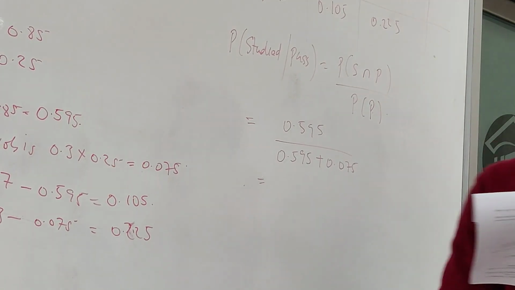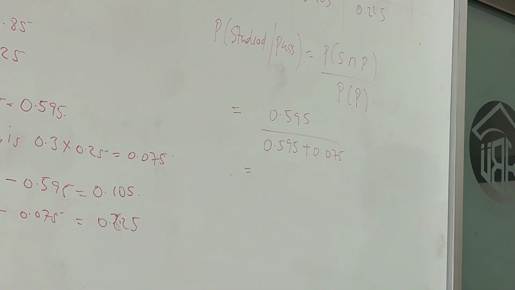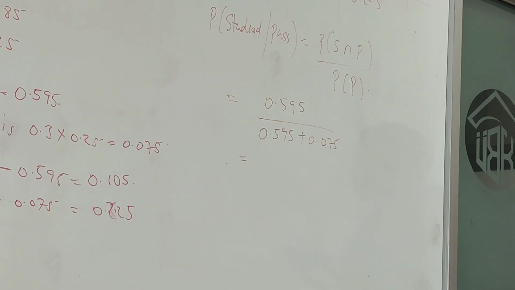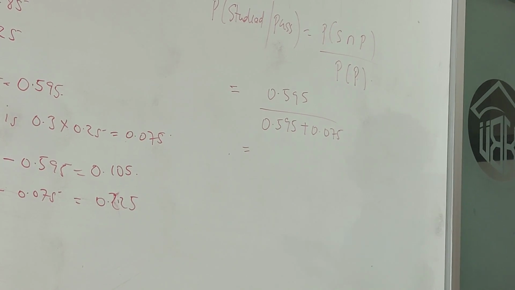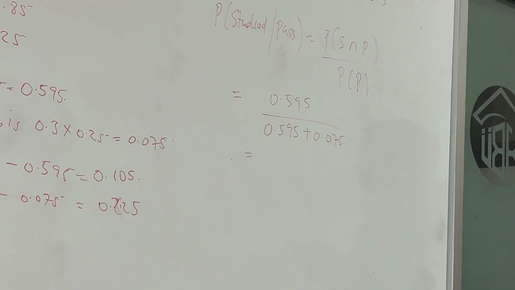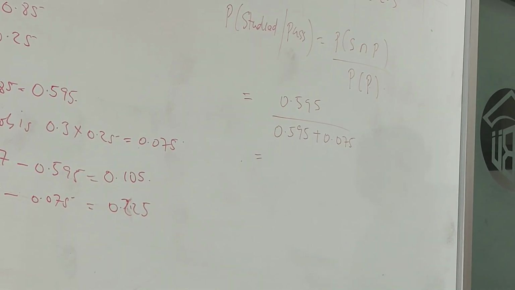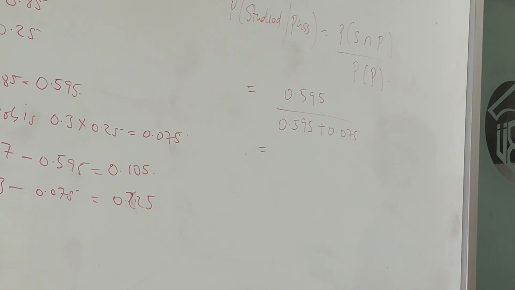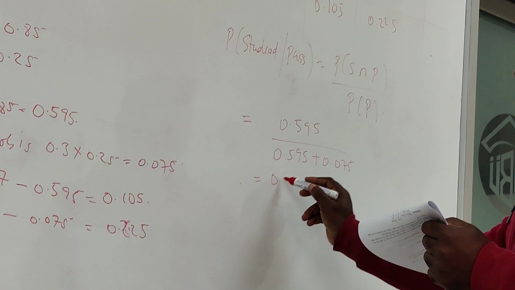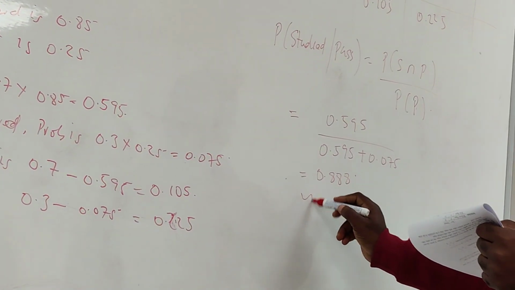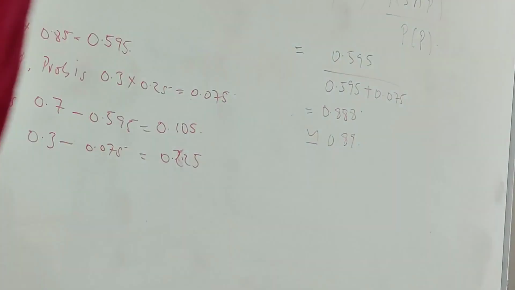So what will be our answer? 0.888. We can approximate it to 0.89. Okay? So that is the solution.